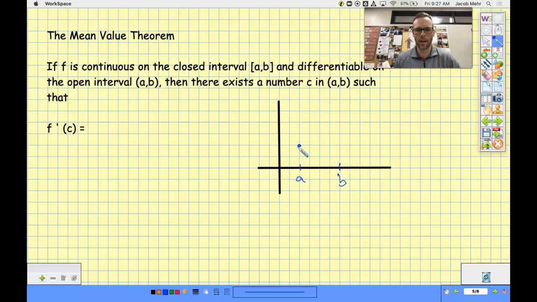So let me put f of a right here, and I'm going to put f of b somewhere else. Now I can draw a continuous and differentiable function. I'll just draw one like that.